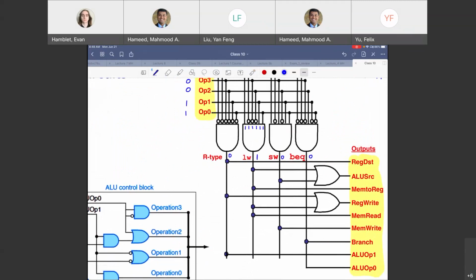Register destination. What is that going to equal? 0, right? This guy is a 0 there. Next, this guy is going to be a 1. Next, you can do this for all of them.